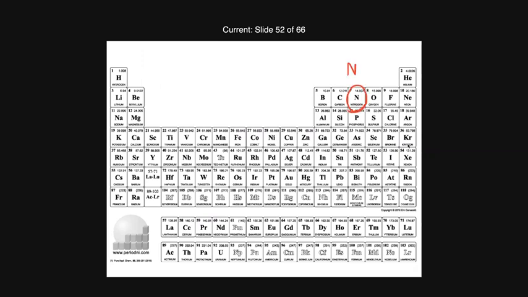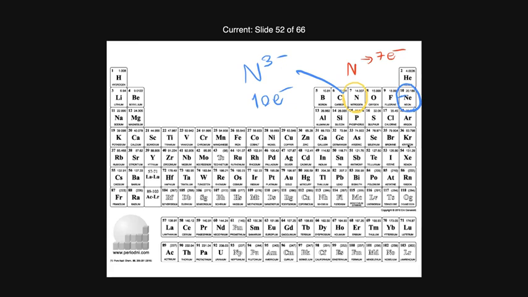Nitrogen contains 7 protons and 7 electrons total. If I add 3 electrons to this nitrogen, nitrogen 3 minus would contain a total of 10 electrons, which is the same number as neon. Neon also has 10 electrons. Therefore, I can conclude that nitrogen 3 minus is isoelectronic with neon. That's what it means.